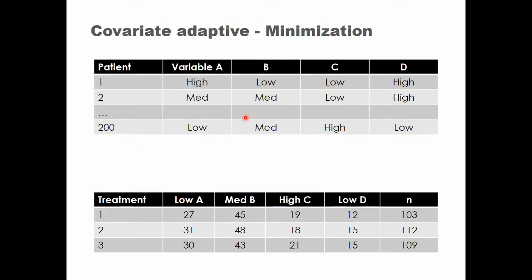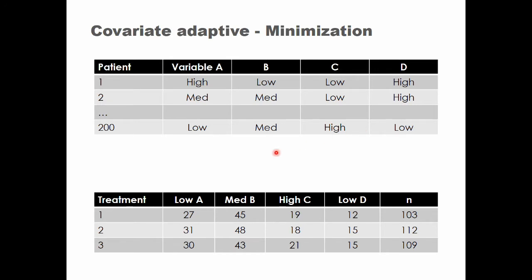And so we have things that we call covariate adaptive designs, and people are trying to deal with this issue. And so you could have a situation like this. This is called minimization, where let's say we have 1, 2, 3, 4 different variables that we're concerned about, and then we can chop them up into low, medium, and high. And so each patient is then characterized by their values on these 4 different variables.